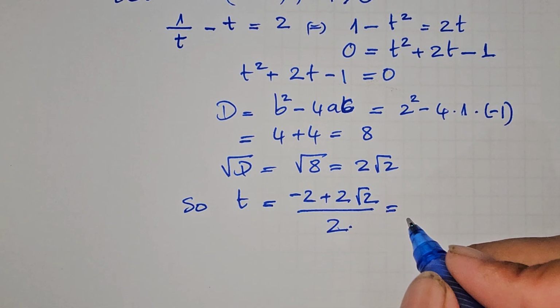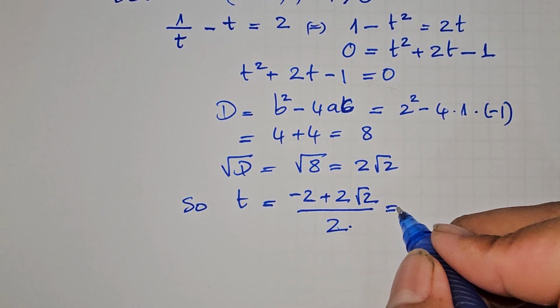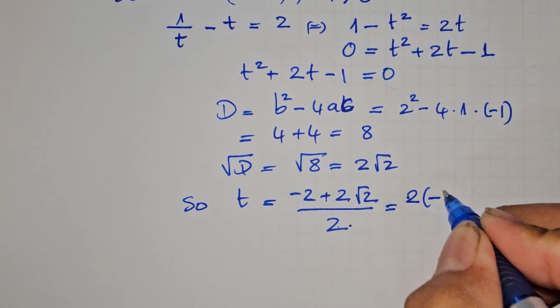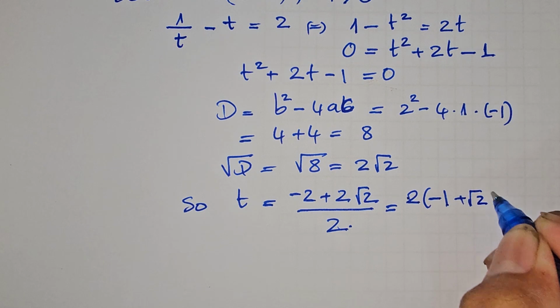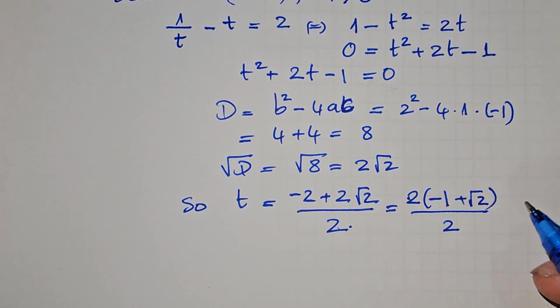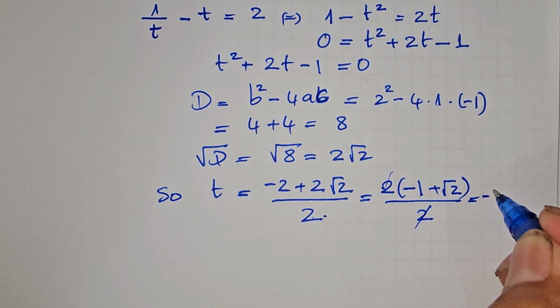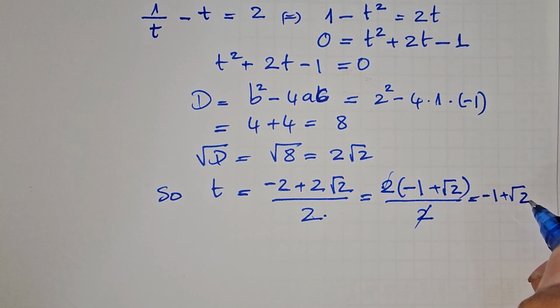So we take 2 out as a factor, so we get 2 times (negative 1 plus square root 2) divided by 2. Now we simplify the 2, so we get negative 1 plus square root 2.